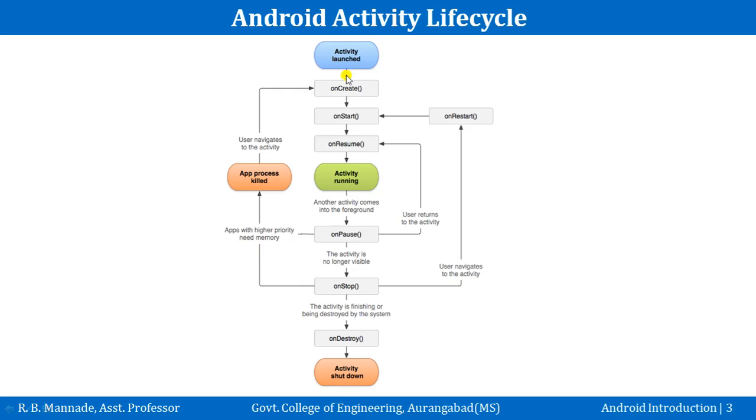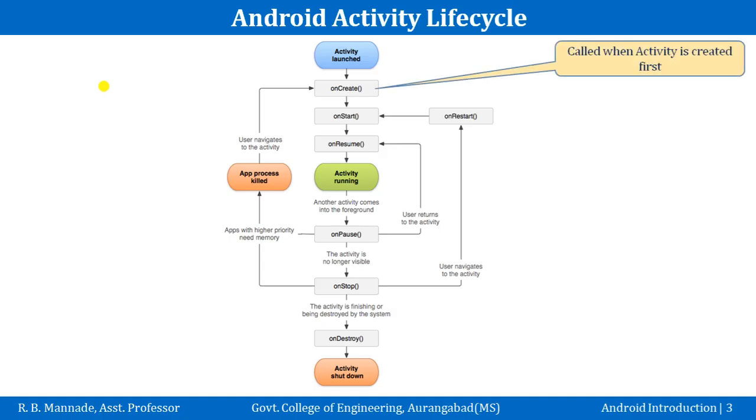This is a flowchart which shows the Android activity life cycle. First, whenever an activity is launched, now how is an activity launched? From our mobile screen, when we tap on the icon of any particular Android application, then that particular activity is launched, right?